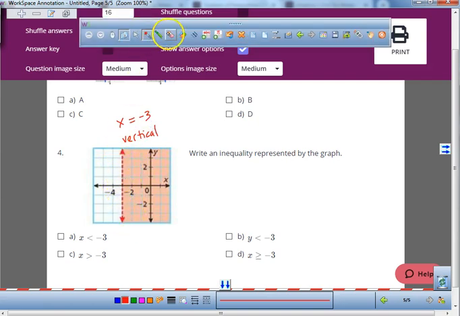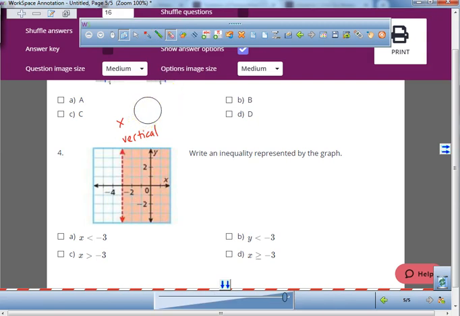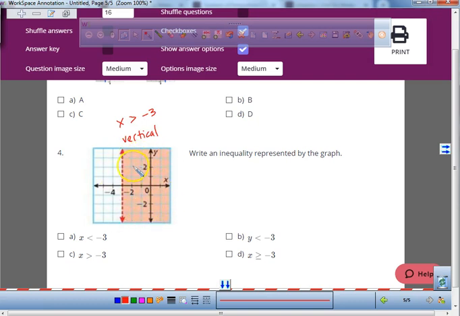All right, but it's not solid. What's happening? It's shading everywhere to the right. So x is becoming greater than -3. So this is x is greater than -3. If I were to make this solid, or if I colored it in, what would the answer choice be if I made it solid? Yeah, so which answer choice would it be here?